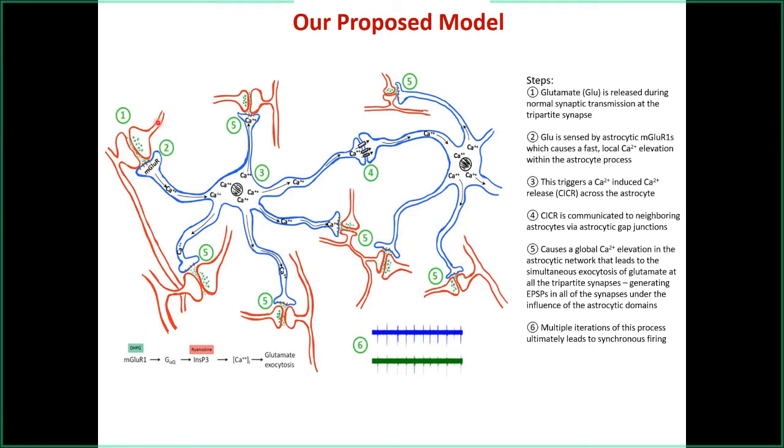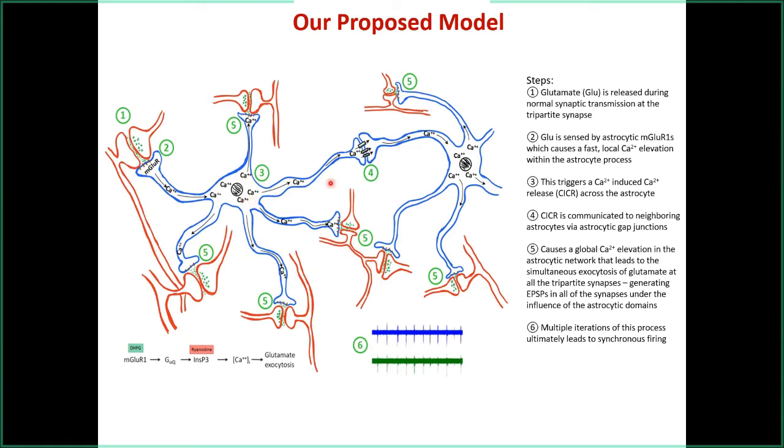Our model is something like this. Activity that is detected at a synapse by an astrocytic process via the mGluR receptors will cause a local elevation of calcium, and this calcium elevation, once it crosses a threshold, will travel down the process to the cell body and then cause a calcium-induced calcium release. Now this large amount of calcium that's released from intracellular stores can do two things.